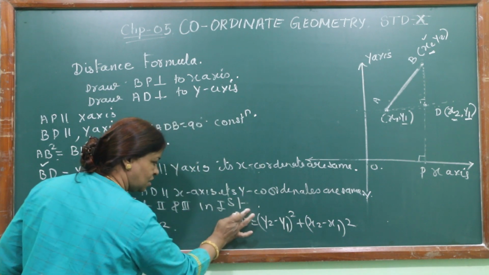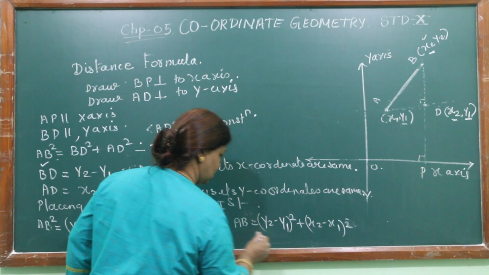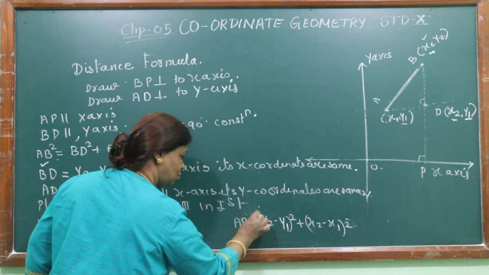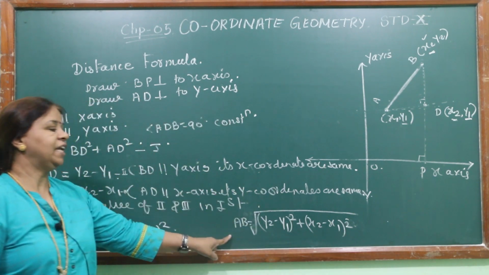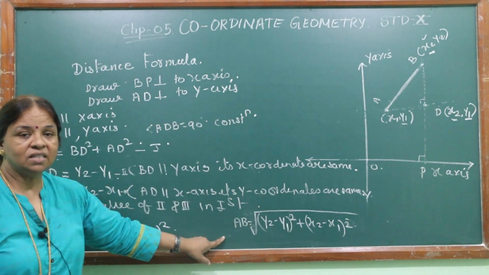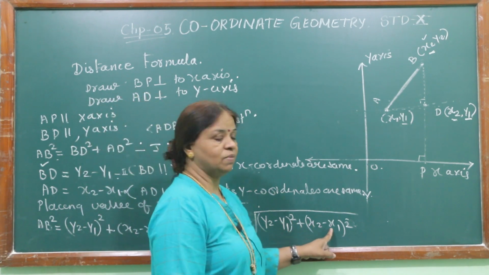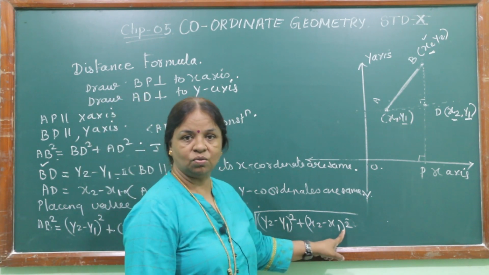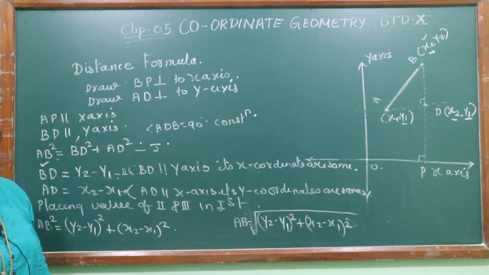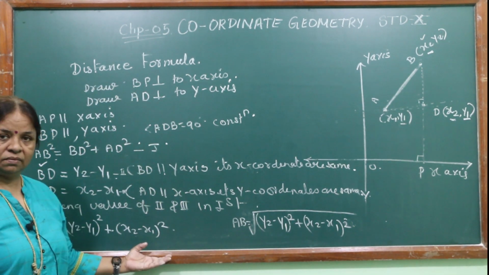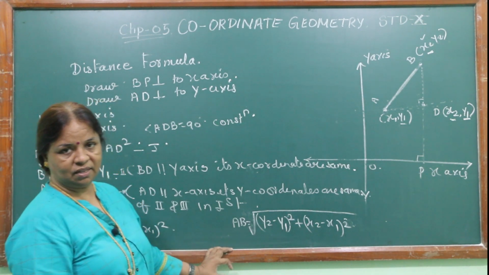See children, just remove the square and place the square root on the other side and you get AB. So AB is equal to the square root of y2 minus y1 the whole square plus x2 minus x1 the whole square. This is known as the distance formula, children. You can pause the video and write this.